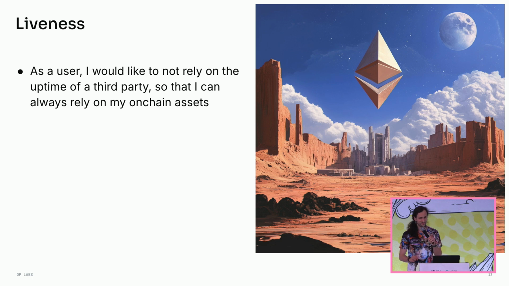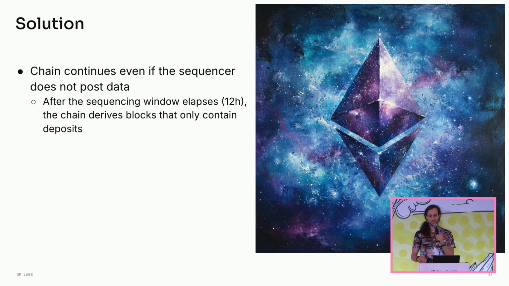All right. So let's talk about liveness. This is basically the chain staying on. As a user, I would like to not rely on the uptime of a third party so that I can always rely on my on-chain assets. What this means is if the sequencer goes down, the chain stays live, and you can continue to interact with it through force include transactions.